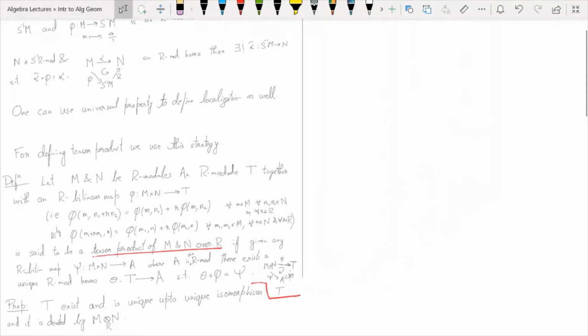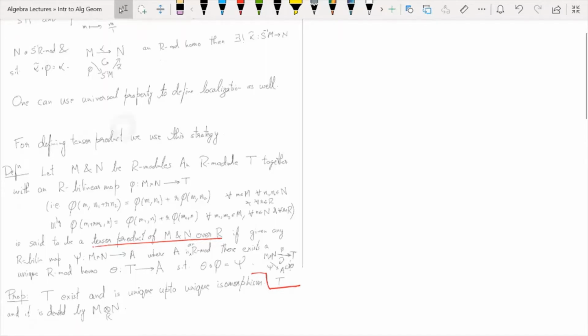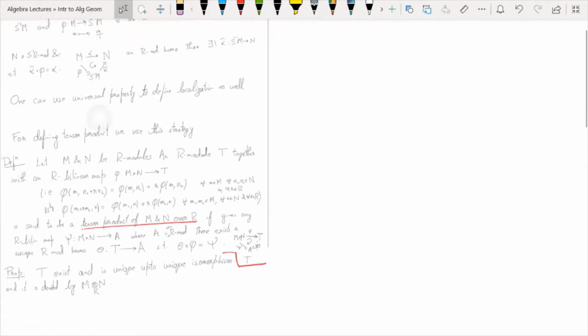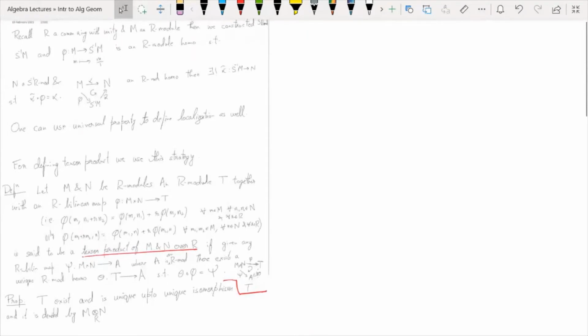In the proof, what we'll have to do is construct a module which has this universal property, and that will prove that T exists. Then we will show that any two such are isomorphic. In fact, maybe we can start with uniqueness and then the construction, because it's sort of independent.